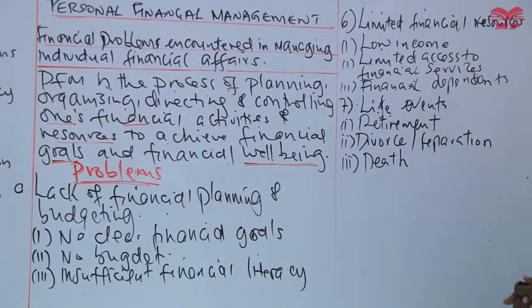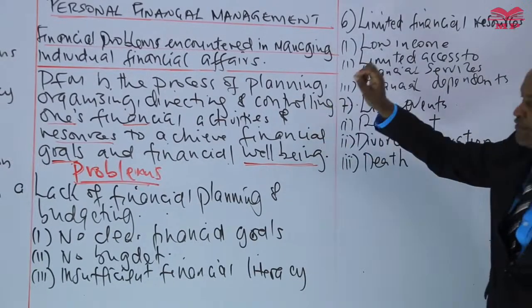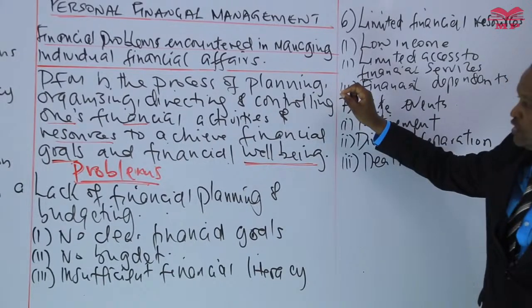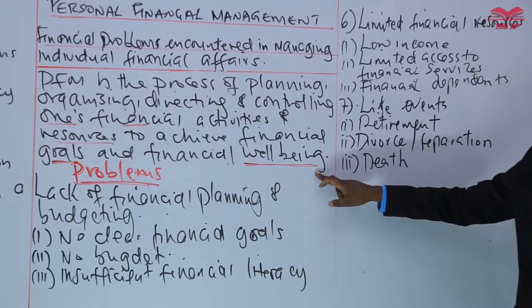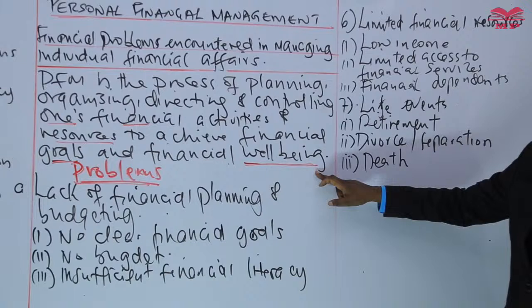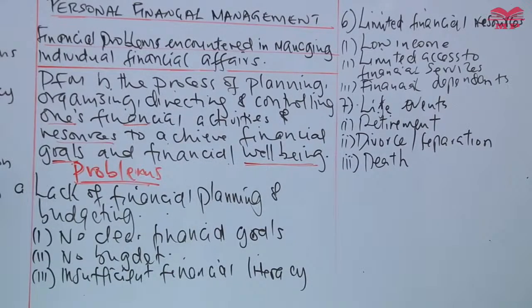So candidates, that effectively brings the lesson to an end. The first lesson in personal financial management, where we've defined one's financial activities and resources to achieve financial goals and financial well-being. We further discussed the financial problems encountered in managing individual financial affairs. These are 7 categories.